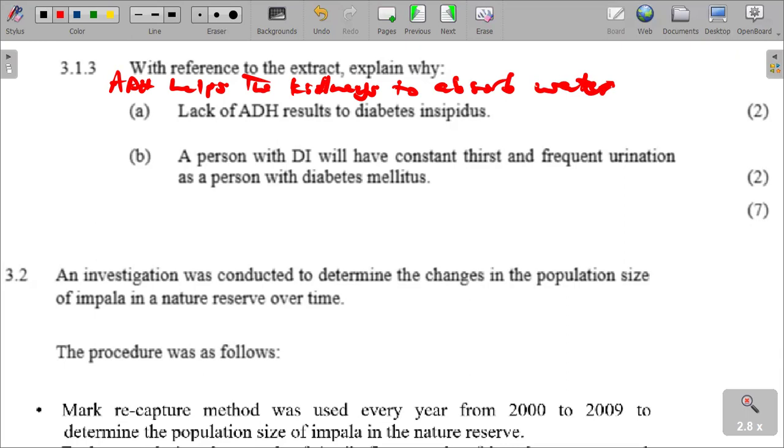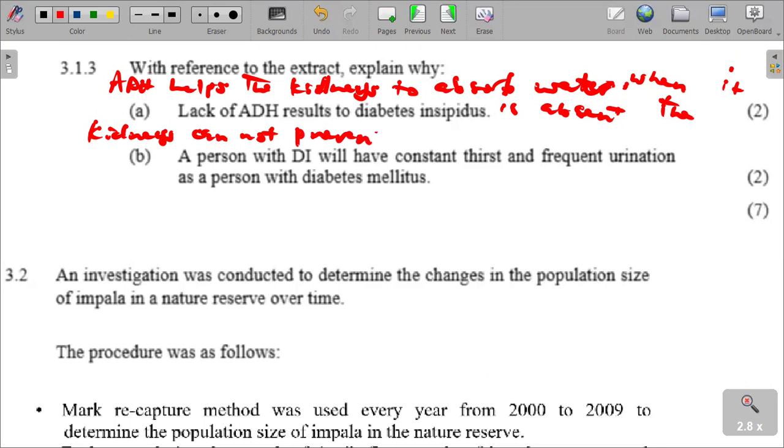When it is absent, the kidneys cannot prevent water loss.